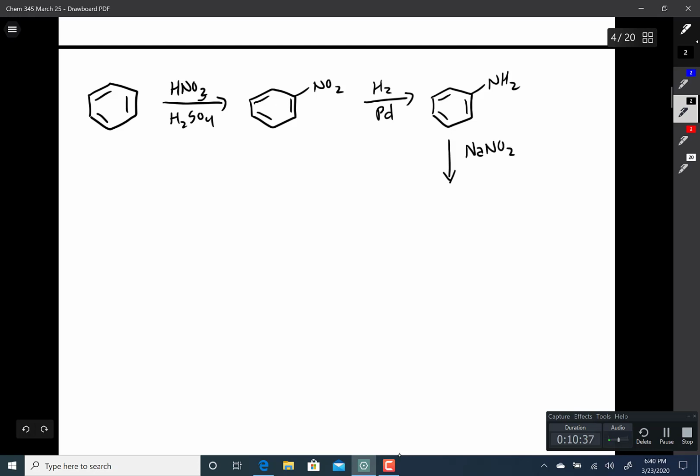it's called diazotization. We take sodium nitrite and notice that it is NaNO2. That's different from the nitration conditions, which is NO3.